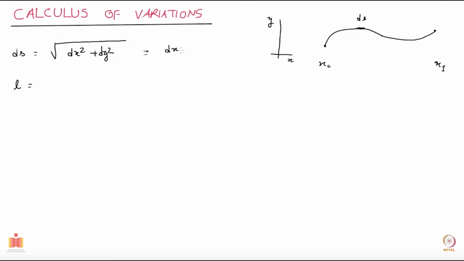I take the dx out: the square root of 1 plus dy over dx, which I call y prime, squared. So that's the differential element of the length along this arc, and the total length of this curve is the integral of ds, which becomes the integral of dx times the square root of 1 plus y prime squared, and of course you have to integrate from x0 to x1.